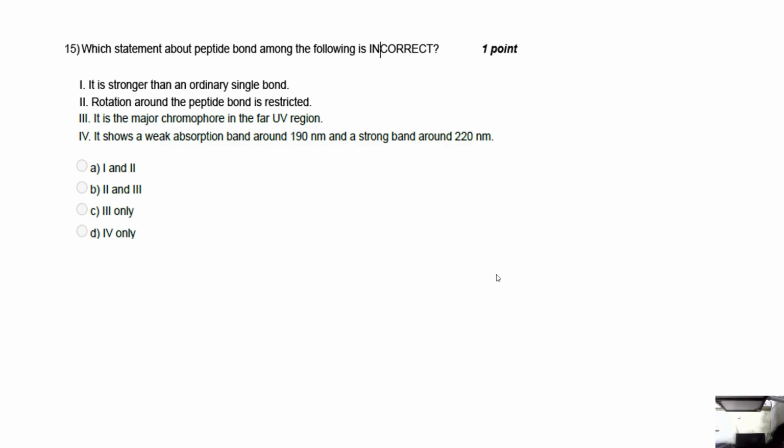These are statements 1, 2, 3, and 4. And the options are A, 1 and 2; B, 2 and 3; C, 3 only; and D, 4 only.